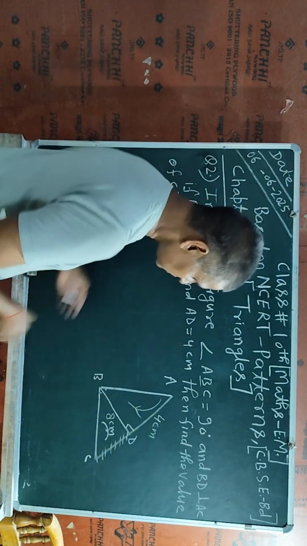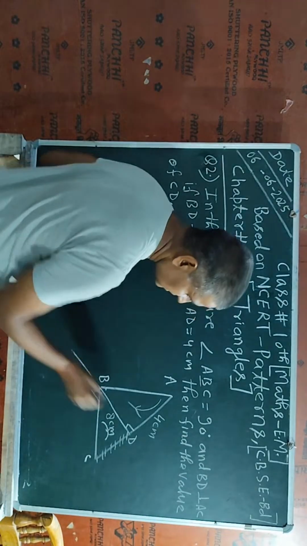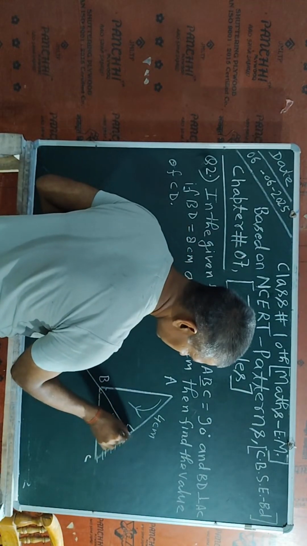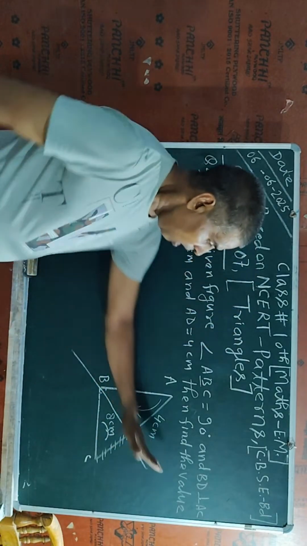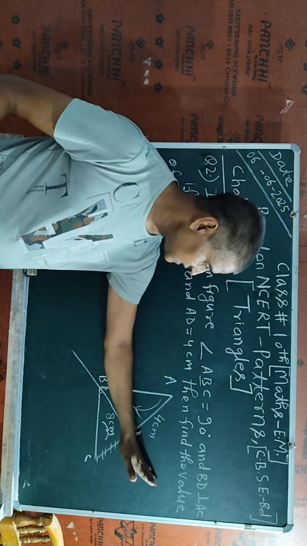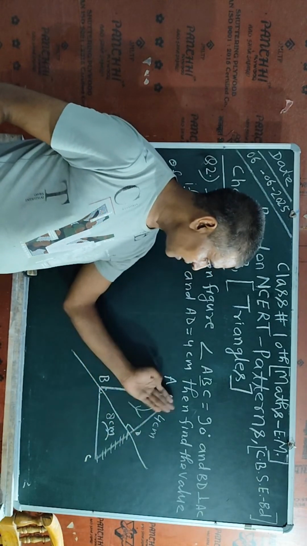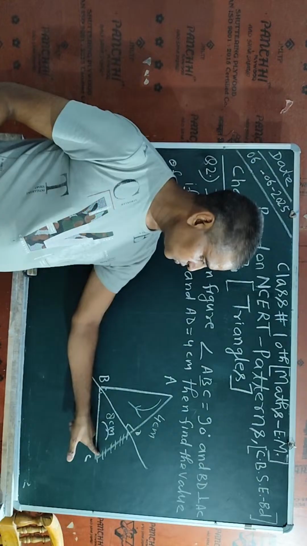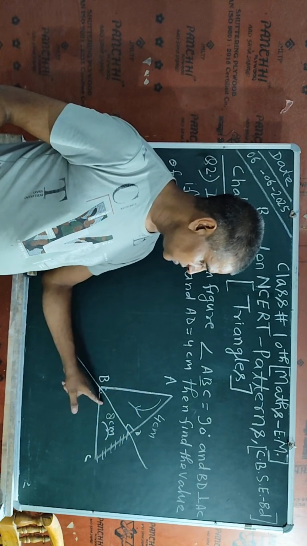If I draw this line like this, this line will be the mirror image. This will come like here. So this angle is equal to this angle, and this angle will be equal to this angle.